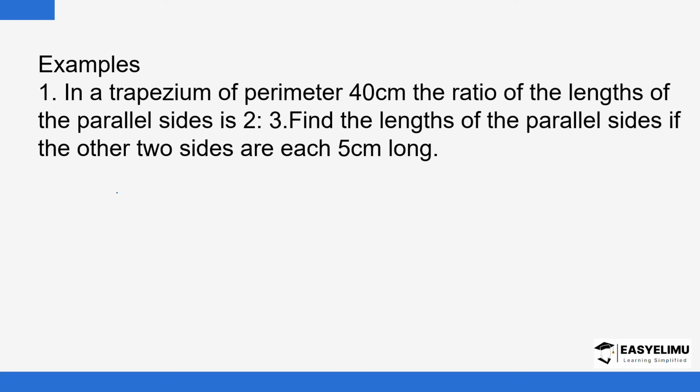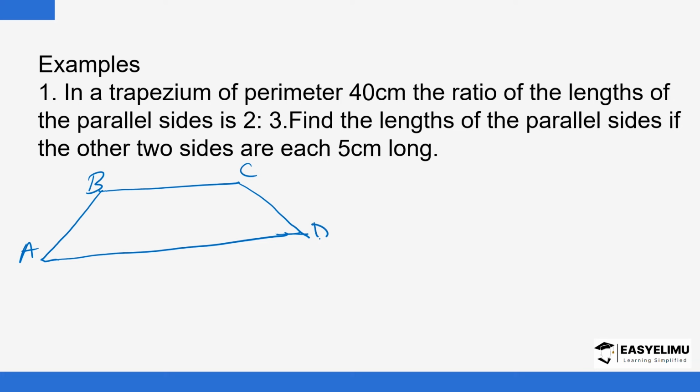So maybe what I will do is to have a sketch of the trapezium. Maybe this is A, this is B, this is C, this is D. The condition for us to call it a trapezium is that there must be exactly one pair of parallel sides which are opposite to each other.